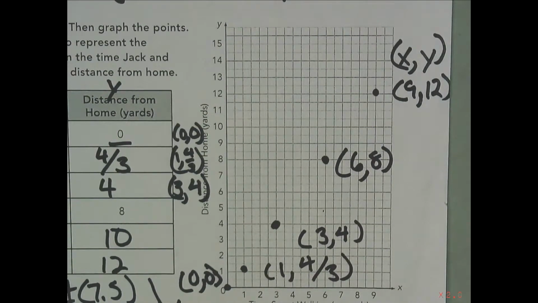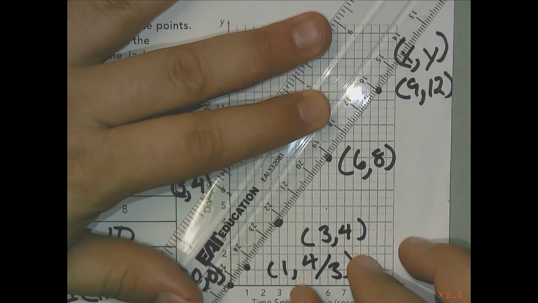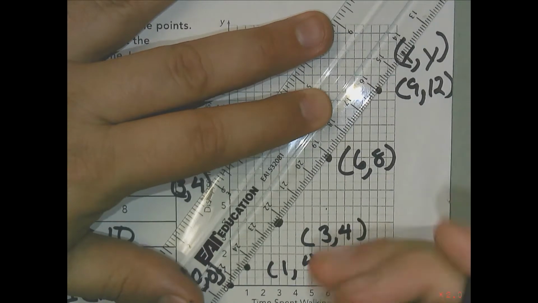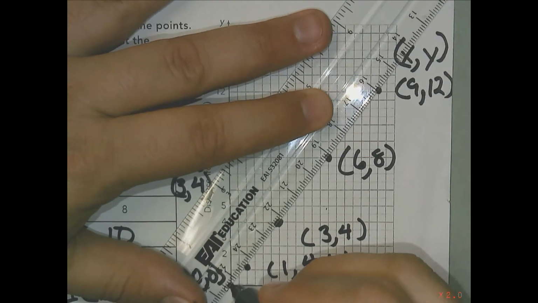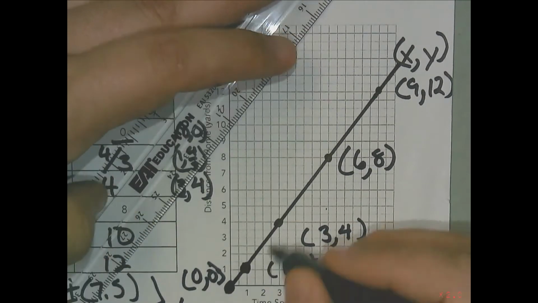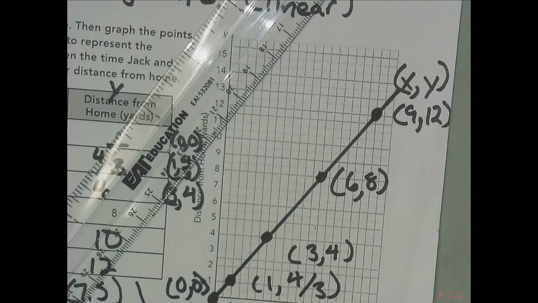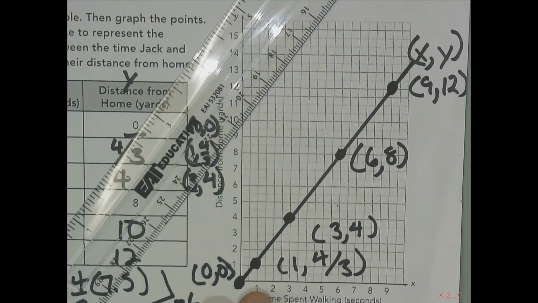Always x, y. Okay? And then I want you to take your ruler. This is important. I want you to take your ruler and we're going to draw a straight line through these points. And we want to be very precise in how we do it. And maybe make the dots bigger along the line so we could really see them.